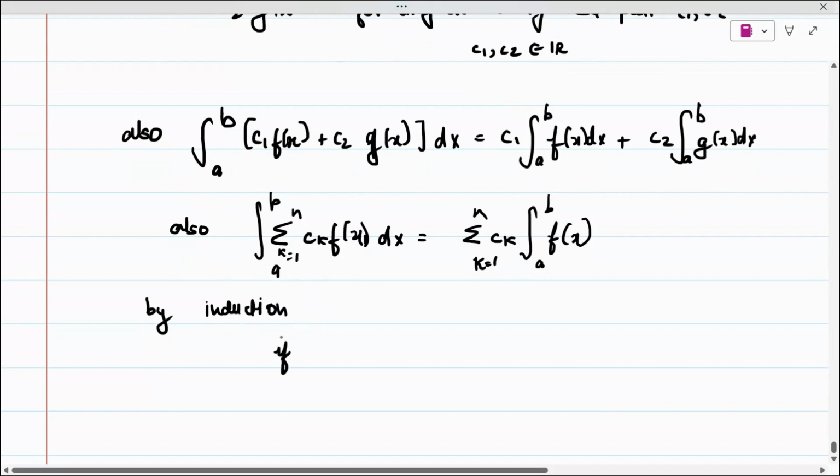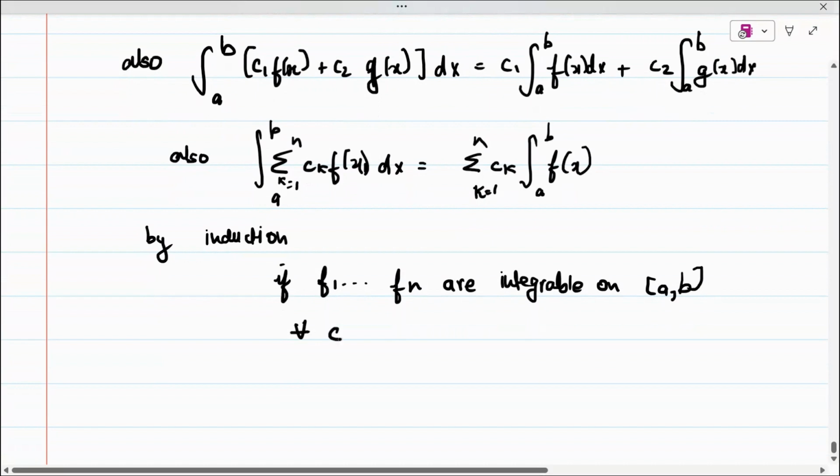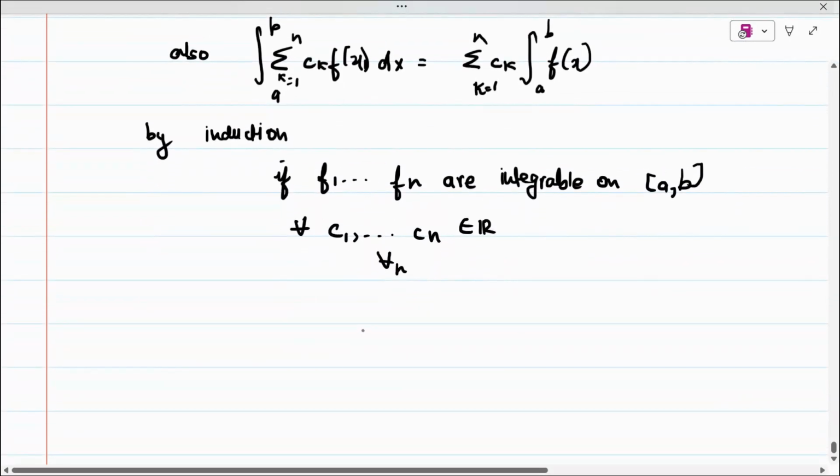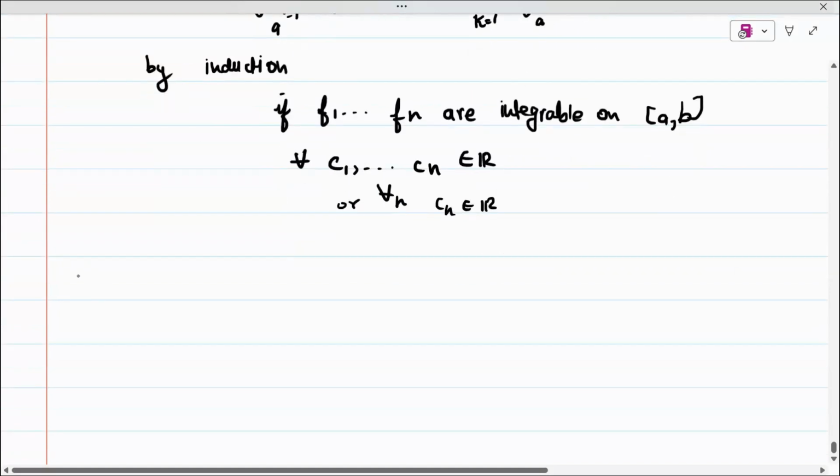Yes, okay. Fine. Additivity, additivity with respect to the interval of integration.